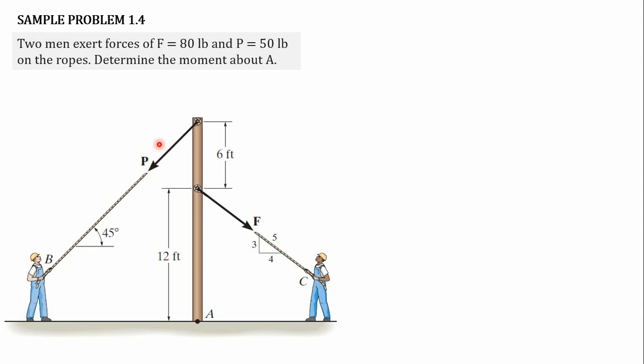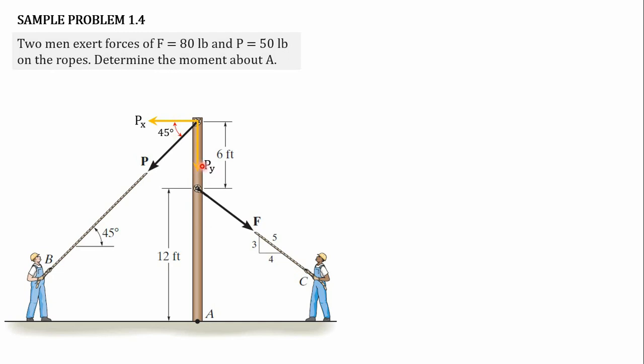So si P is kunin lang natin yung component of forces niya with respect to vertical and with respect to horizontal, no? So this is the component Px and this is the component Py. Okay? So since in this rope at B, this is 45 degrees, by the rule of angle of elevation in trigonometry, therefore this is also 45 degrees.